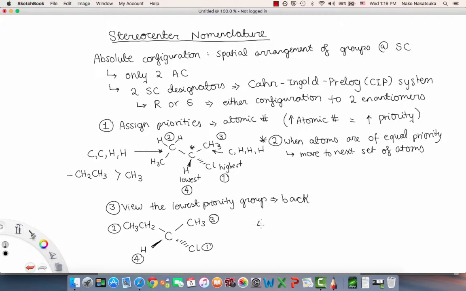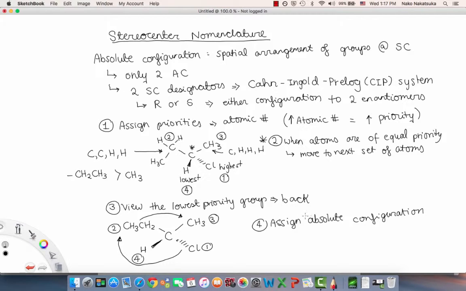And then you can assign the absolute configuration by drawing a circular arrow from the first priority to the second priority. So in this case, I'm going to go from the first priority to the second priority like that, and then from 2 to 3. Since the number 4 is going to be behind the page, we don't care about it.